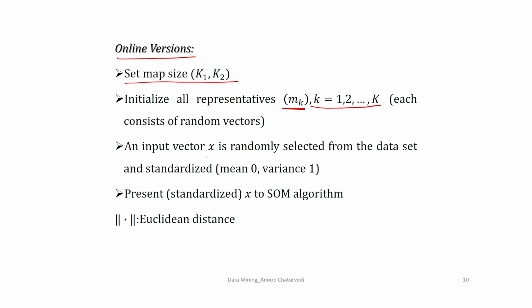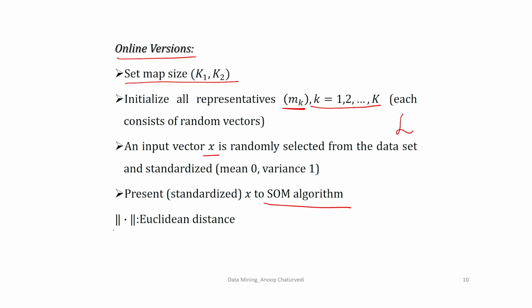Then an input vector x is randomly selected from the data set or the learning set. Suppose you have the learning set L, then you select an input vector from this learning set randomly. And usually we standardize all the input vectors to make the mean 0 and variance 1. And then we present the standardized x to the SOM algorithm.